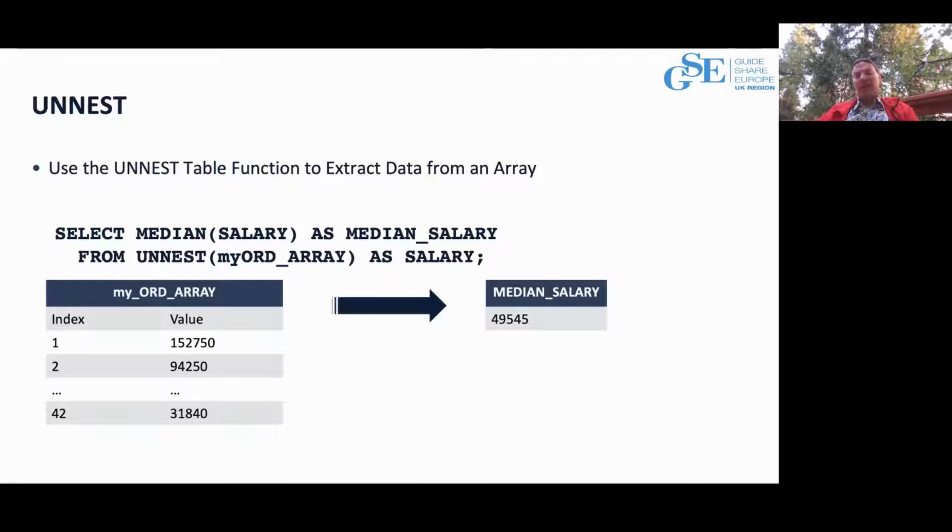So UNNEST is essentially a table function if you think about it that way. And you can see that the median salary in this case is 49,545. And if you think about that, that's a pretty decent salary because this employee table was created in the early 80s. So those people apparently were making some pretty good money back in the 80s.